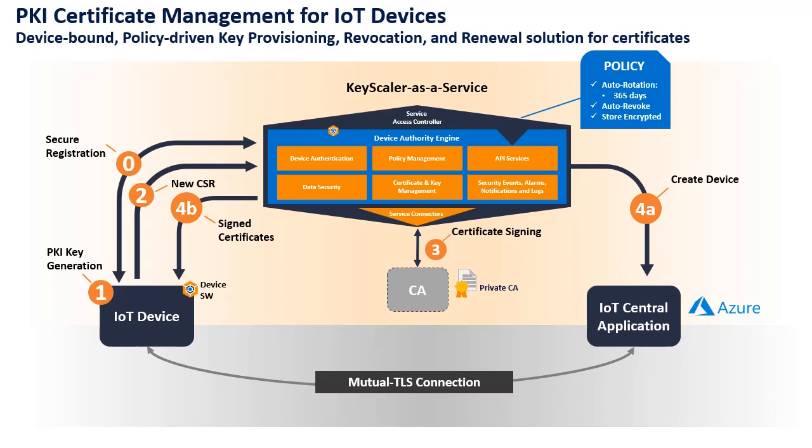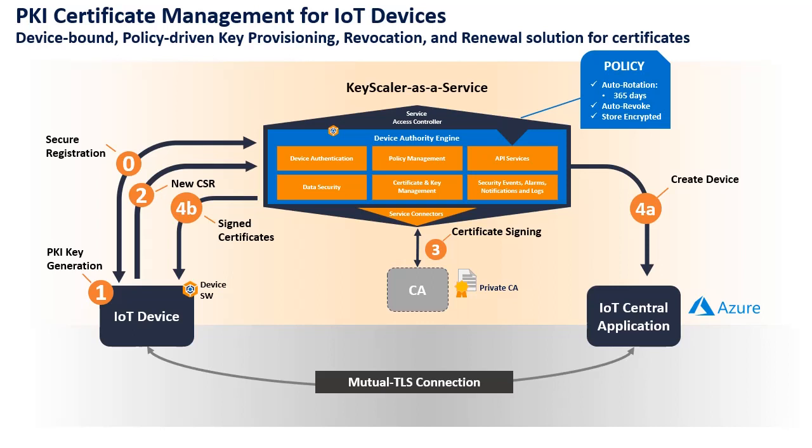And once KeyScaler gets that signed certificate back, it will then take a look at the policy and understand that there is an IoT Central application instance that needs to also be made aware of this device. So step 4A here is KeyScaler automating that device registration process with the IoT Central application.